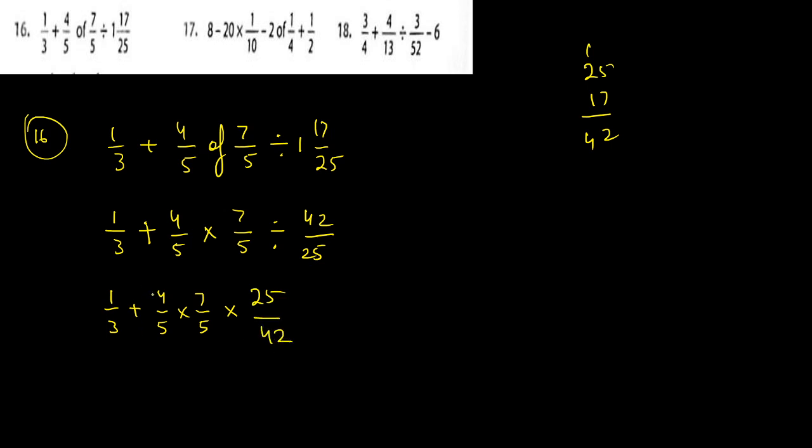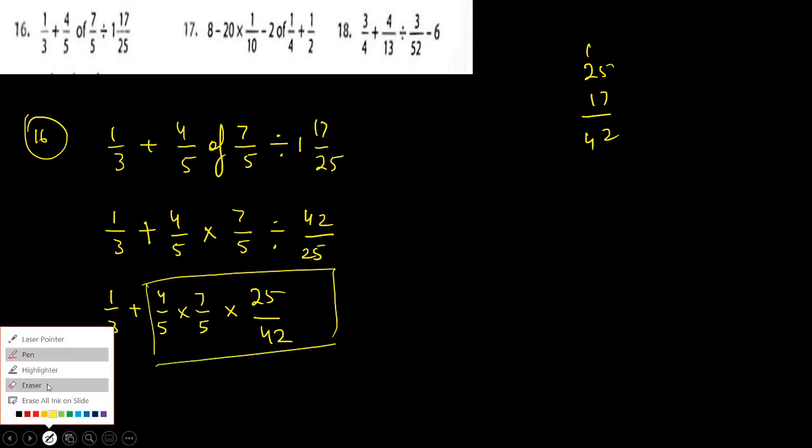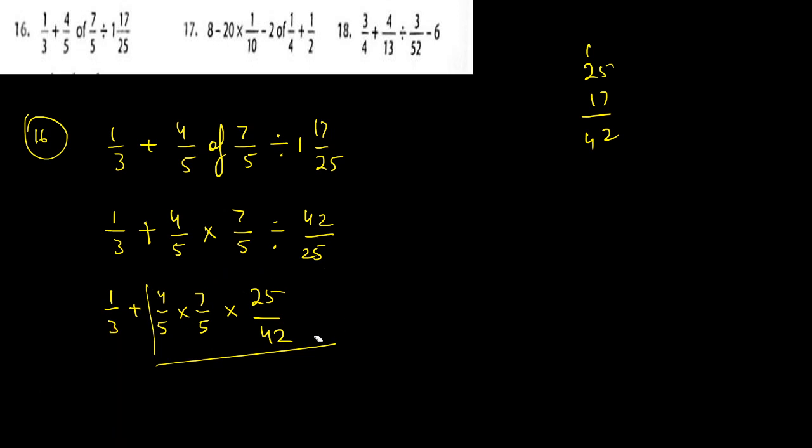Now as you can see, we have to multiply in all this. So let us now multiply. We have to see if we can reduce anything in cross. So yes, we can reduce. 5 ones are 5, 5 5s are 25. 5 ones are 5, 5 ones are 5. 7 ones are 7, 7 6s are 42. So we have got 1 upon 3 plus 4 into 1 into 1 upon 6.